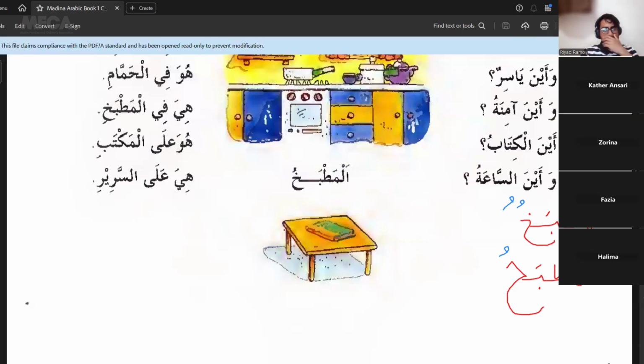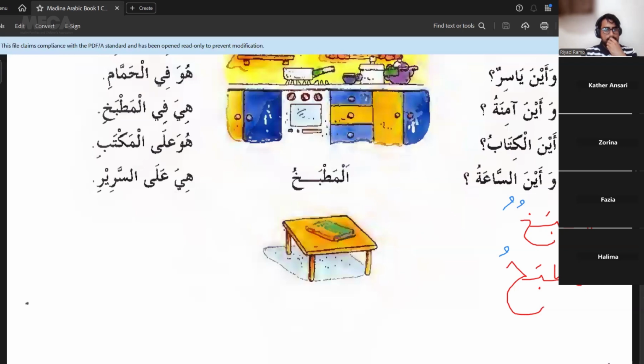Kauthar, you tell me how you say in a kitchen. Fil matbakhi. Okay, Zarina. You say a kitchen, right? Al-matbakhi. Okay, Fazia.